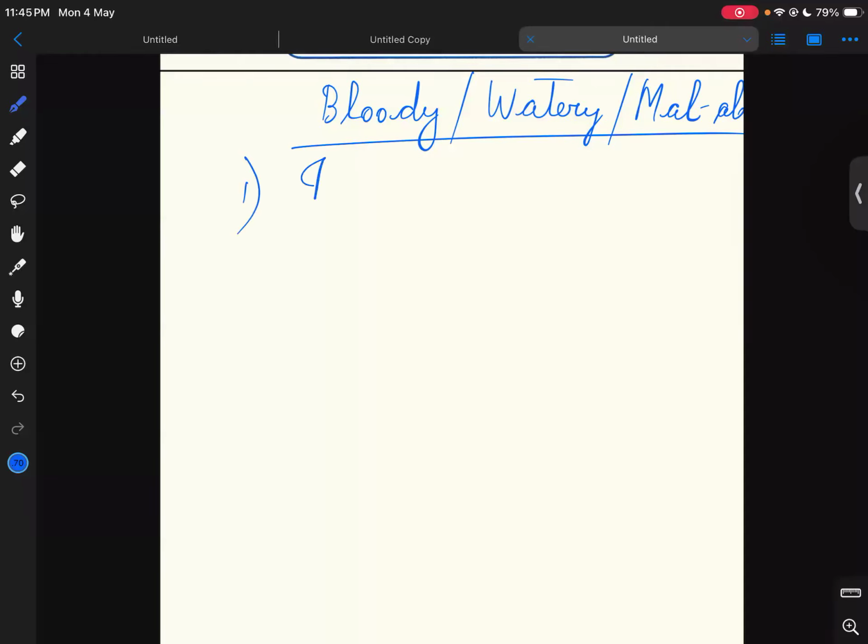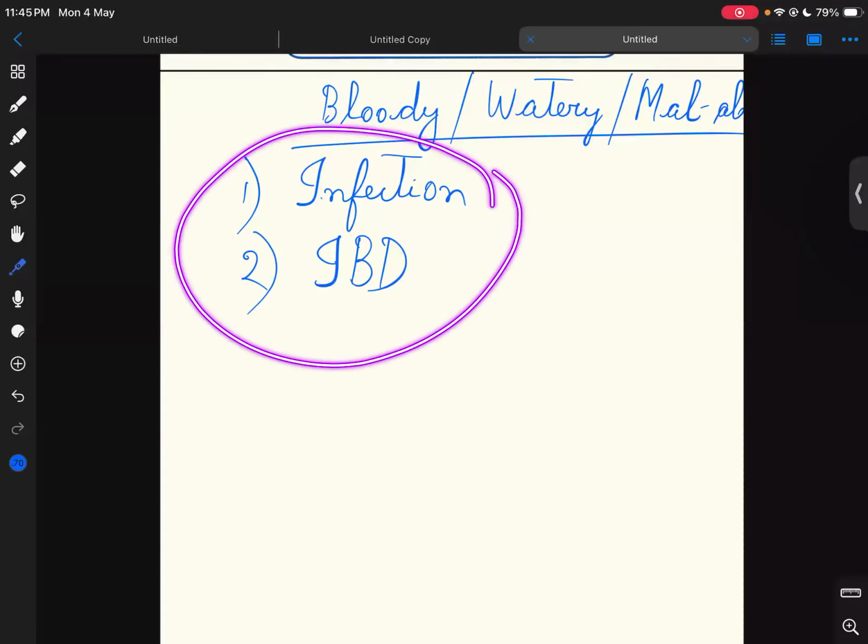One is infection. Another one is inflammatory bowel disease. Please keep in mind this important point.